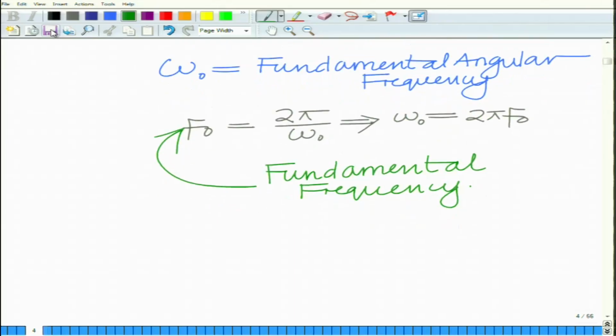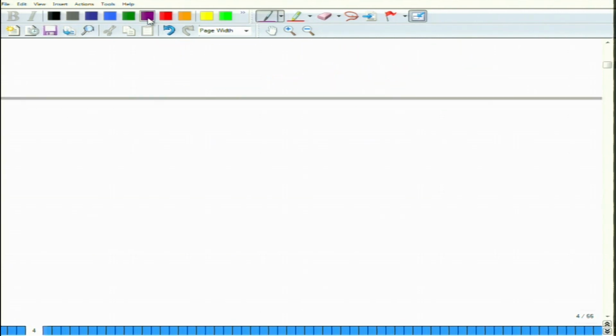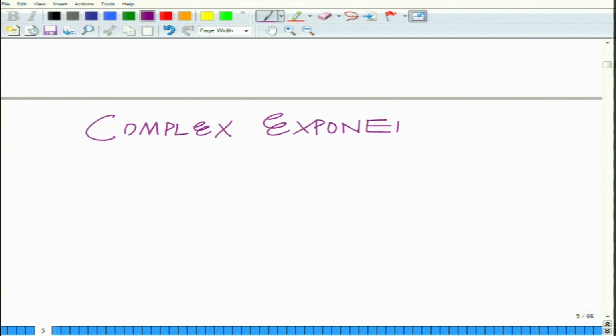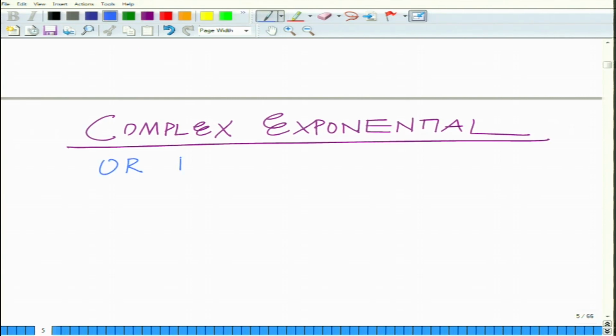And now let us look at the complex exponential, or what is known as the Fourier series representation.